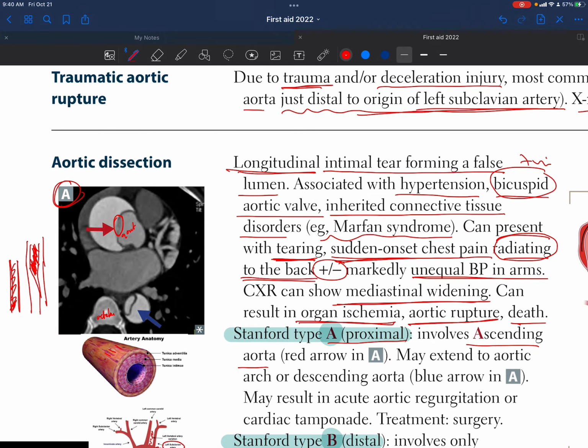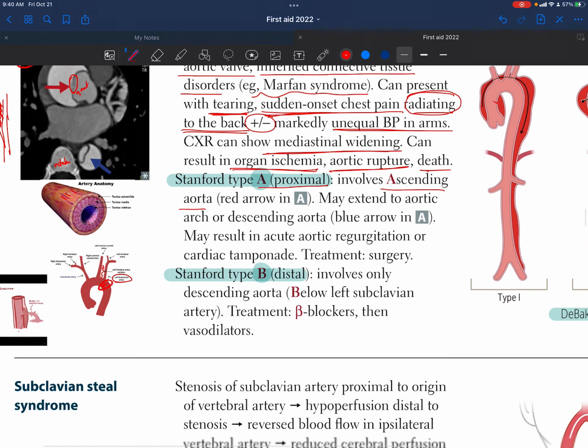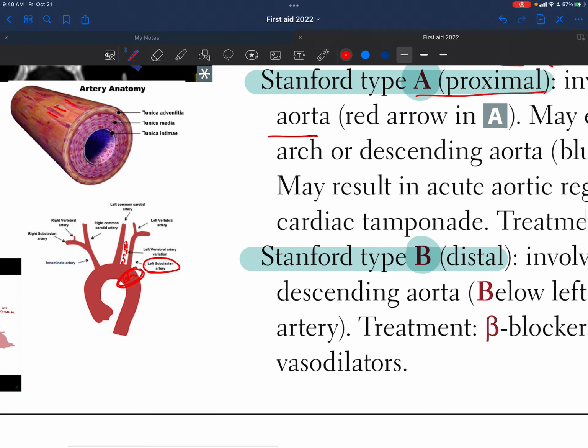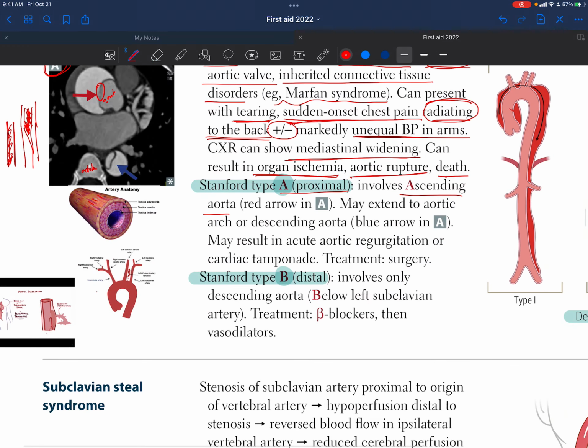So this is the area of the wall rupturing, and this is of course a cross-sectional image. If we imagine how this image was taken, there was a cross-section over here probably. The important thing is that it's a cross-sectional image.